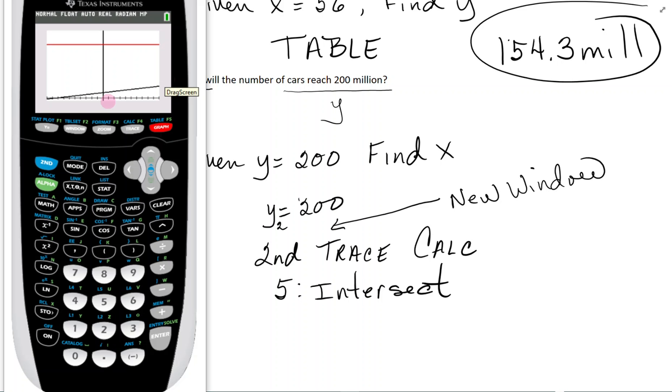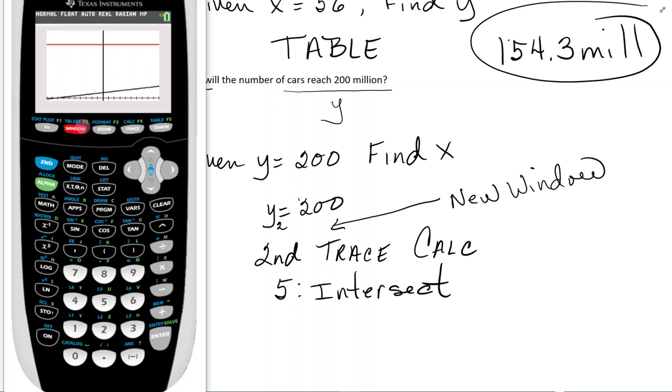Okay, so there's my Y equals 2.4x plus 19.9. There's my Y equals 200, and they're not intersecting. But I believe they're probably intersecting somewhere out there.